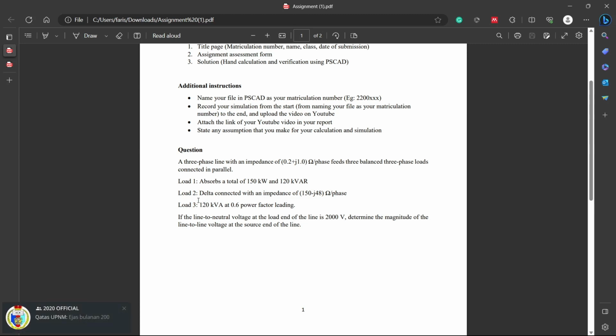Load 2 is delta connected with an impedance of 150 minus j48 ohms per phase. Load 3 is 120 kVA at 0.6 power factor leading. If the line-to-neutral voltage at the load end of the line is 2000 volts, find the magnitude of the line-to-line voltage at the source end of the line.